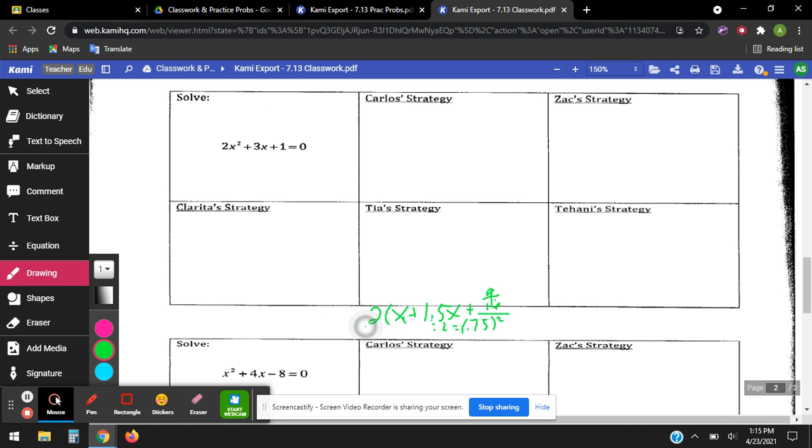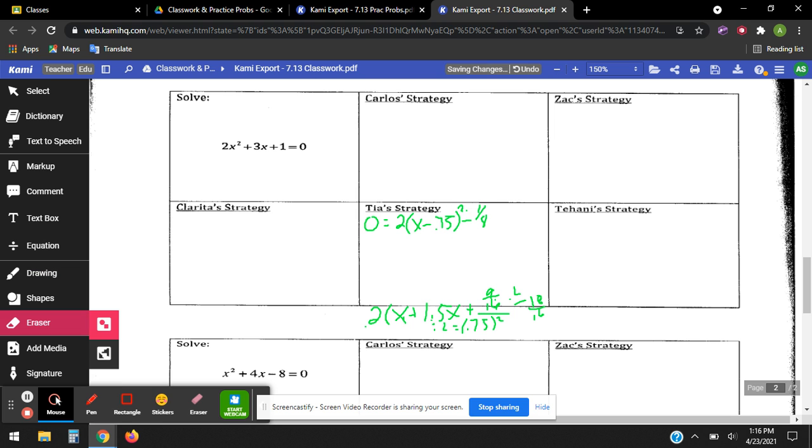Oh, times 2. I forgot to times 2. I'm like, why does this not seem to be working out? Times 2 is 18/16, which is actually 1/8. All right. So 0 equals 2 times x plus 0.75 squared minus 1/8. I know I probably shouldn't be mixing decimals and fractions. We'll go ahead and reverse here.